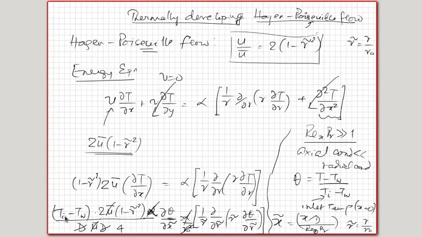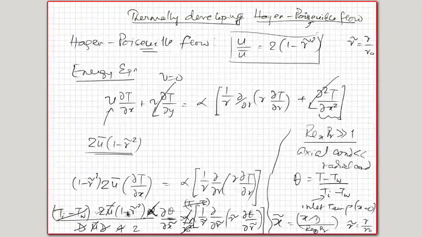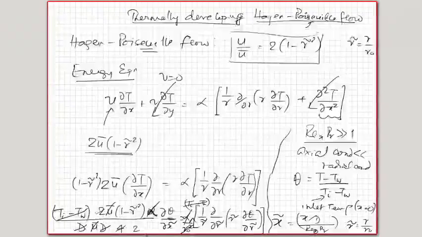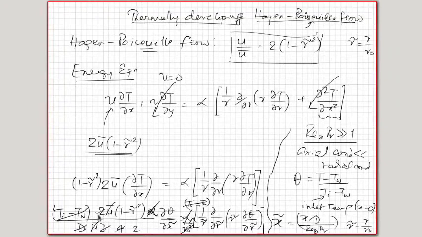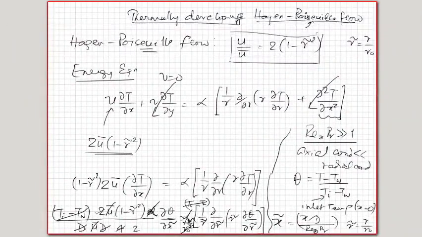And this also will become a Ti minus T wall, since we have written in terms of theta. So this Ti minus T wall would get cancelled between these two sides, and this would become 1 by 2, and this 1 minus r tilde square I'll move to this side. So all I'll have will be a half here, and del theta by del x tilde, and here I'll have 1 by 1 minus r tilde square into this.